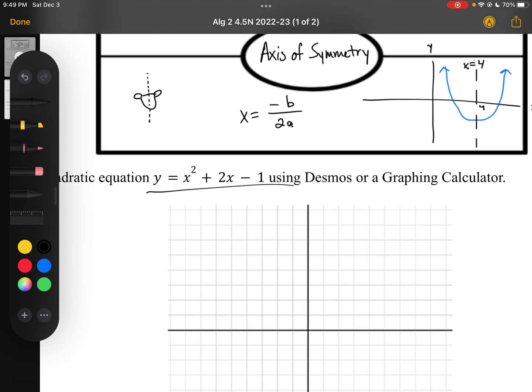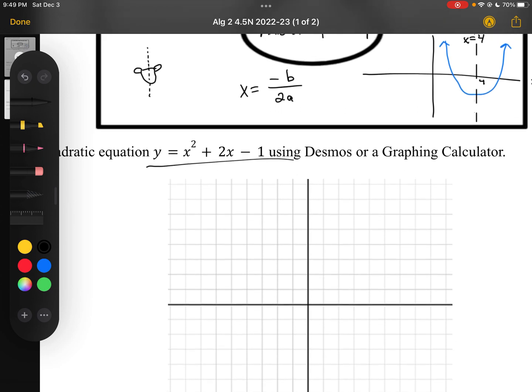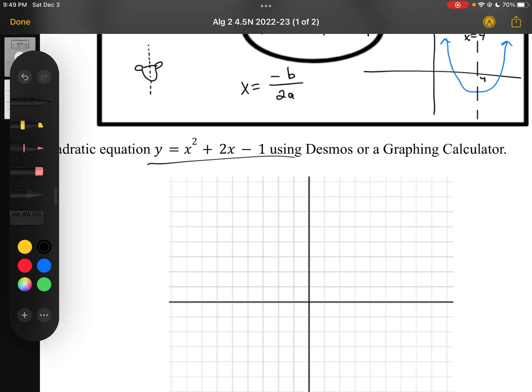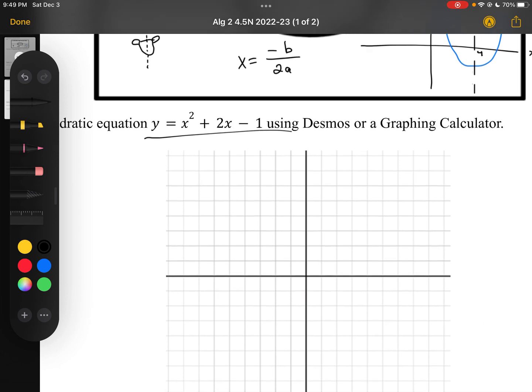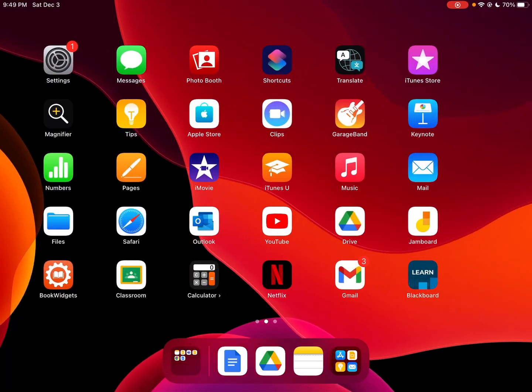So we're going to take a look at this function here, x squared plus 2x minus 1, basically using technology to graph it for us. And we're going to see if we can determine any of those things in terms of axis of symmetry, vertex, just by looking at it.